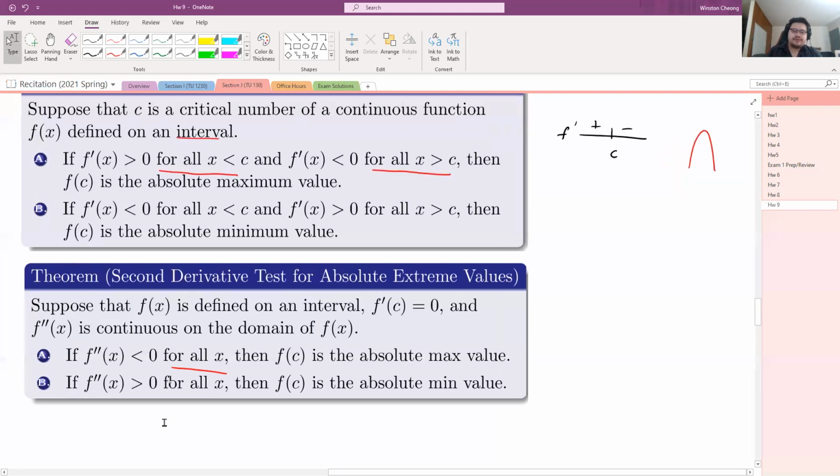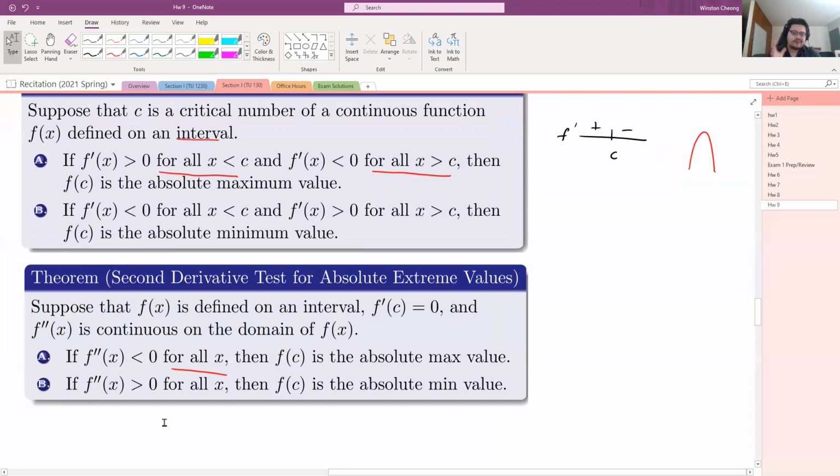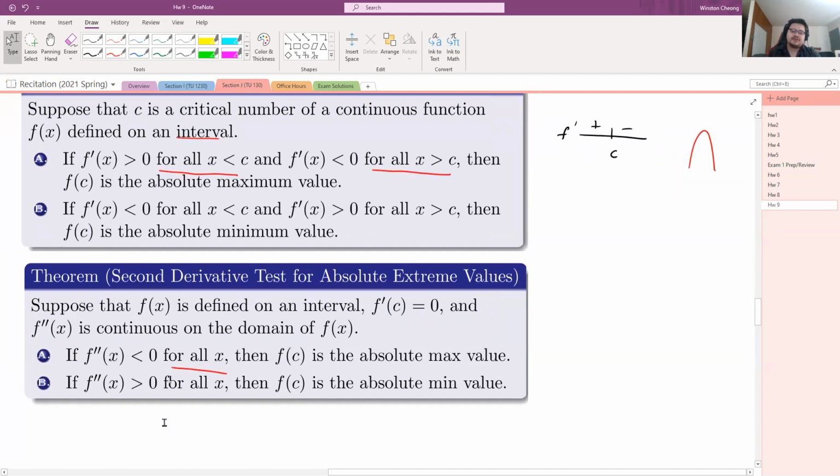Actually, there's a very important distinction here as well. If you recall what the second derivative test is actually saying, you plug the critical point that you're testing against into the second derivative, and you see if the value is positive or negative. Notice that this is not saying we're plugging in the value c, it's saying for all x. So this is actually quite different, right?